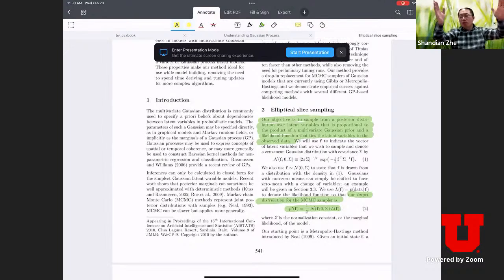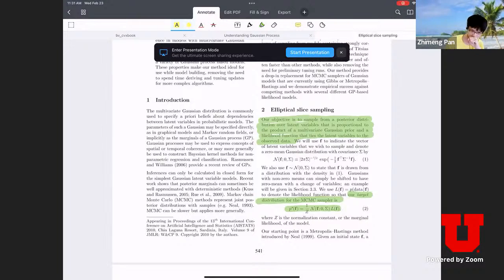Otherwise, I shrink the range until I find one. So you can expect on average every time it moves more distant from the current sample, if you compare it with the simple Metropolis Hastings method.